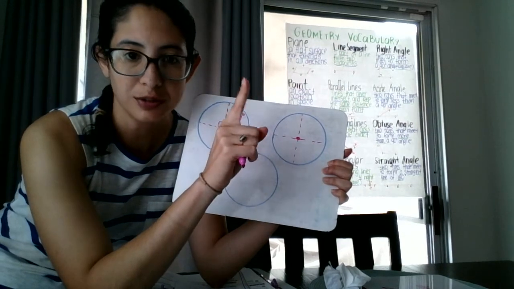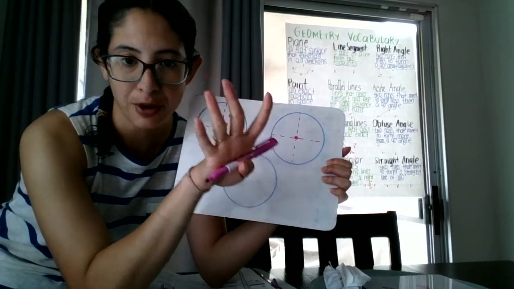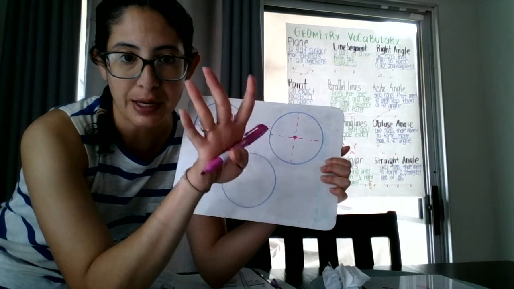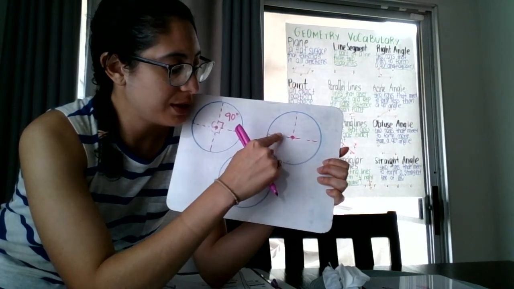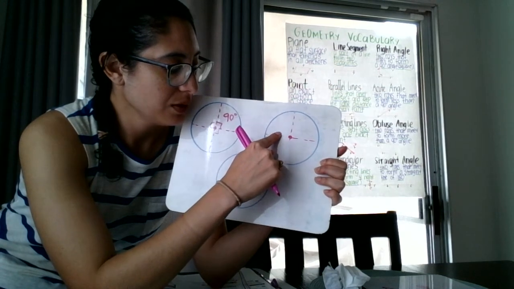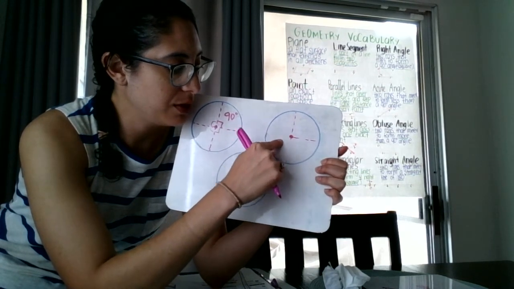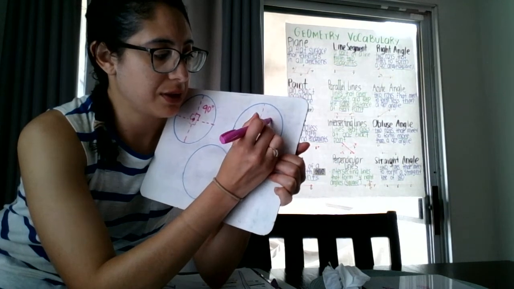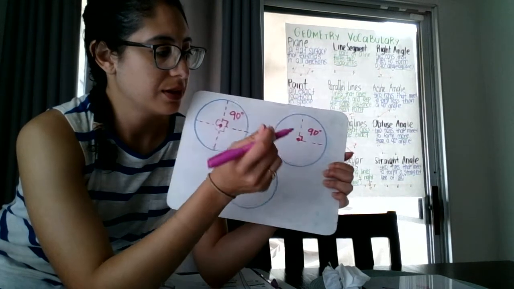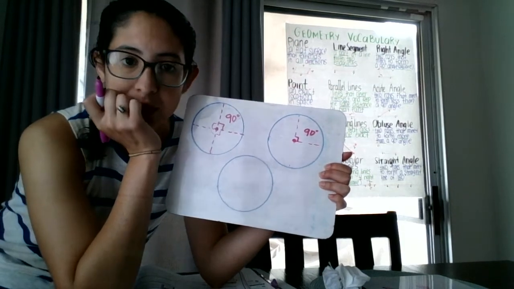So one circle has 4 90-degree angles, 4 right angles. I'm going to do the same thing that I did earlier. Going to remove this, make my square angle. I know that this is 90 degrees. Okay?